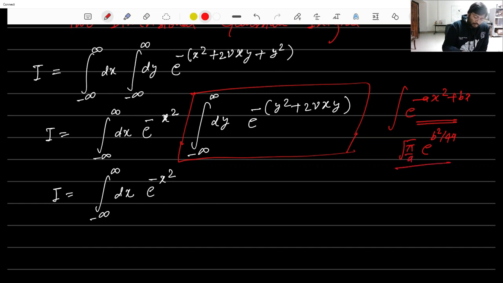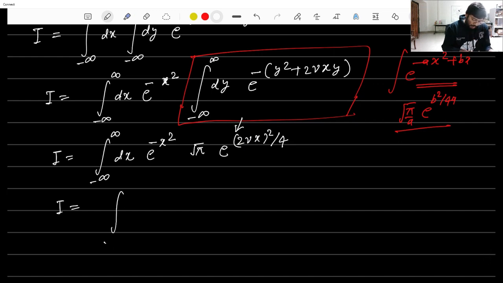So write the value of this integration here, and it will be root pi times the exponential, where the power is 2 nu x square divided by 4.